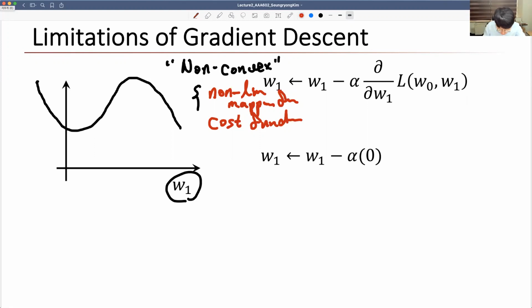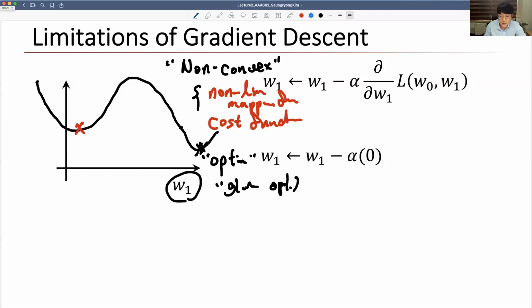Let's take an example here. Let's say that this part is the real optimal, or global optimum. We have to converge to this point, right? Then what if we are here? First of all, we have to compute the gradient, right?